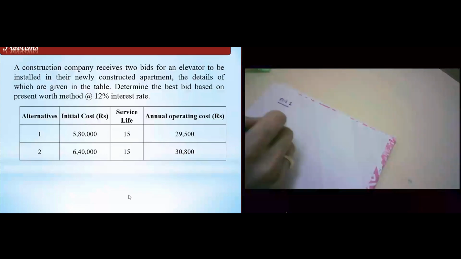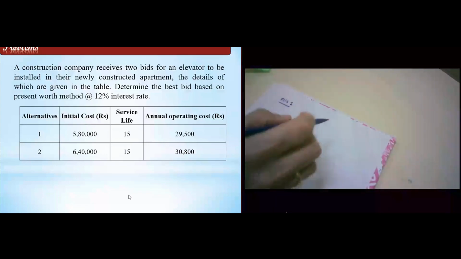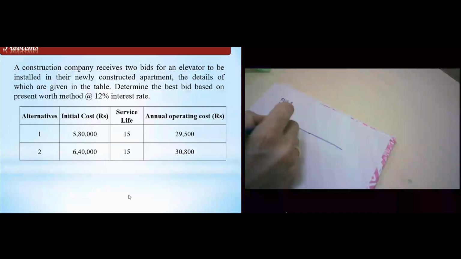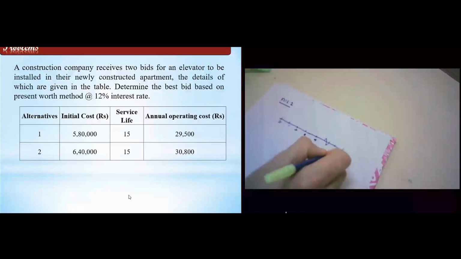Service life is nothing but the time frame, from 0 to 15. So 0 to 15 is my time frame.